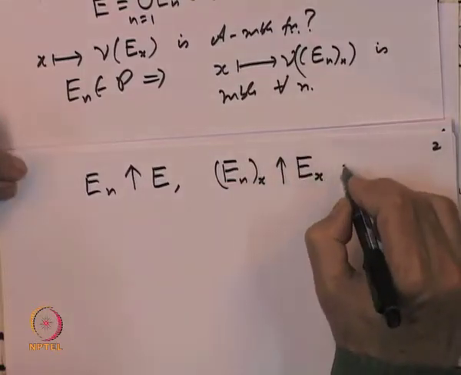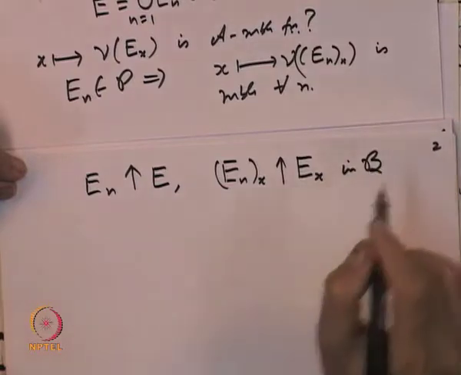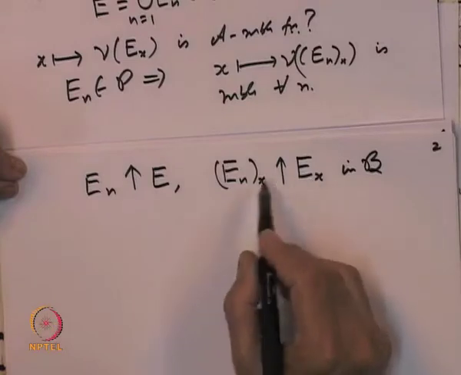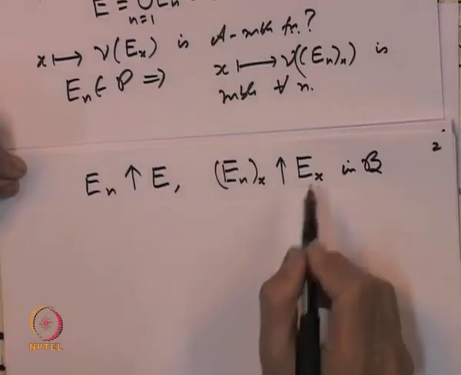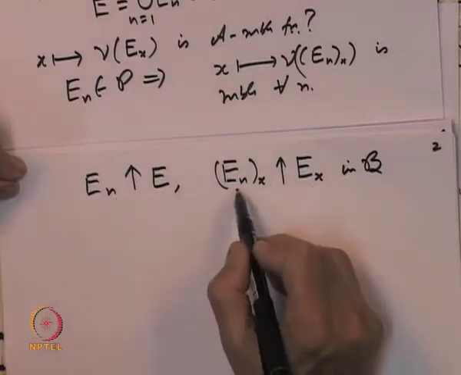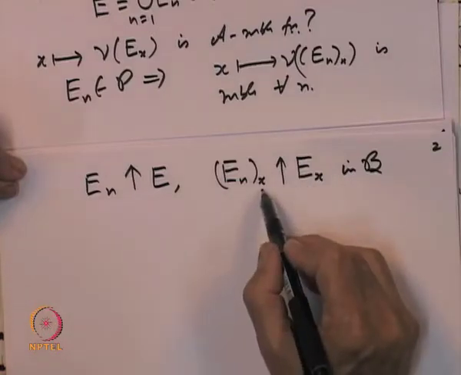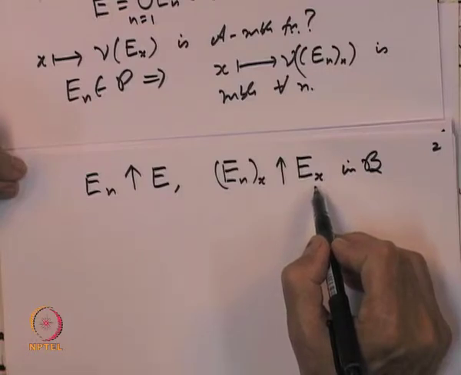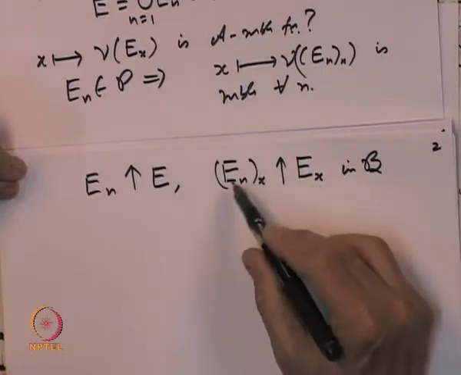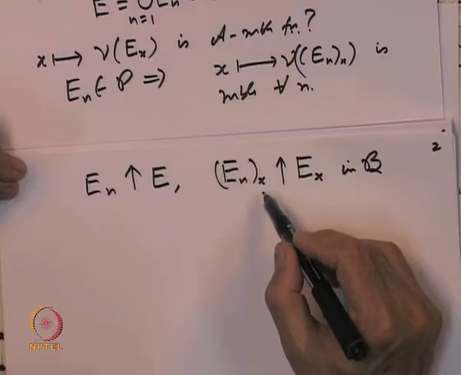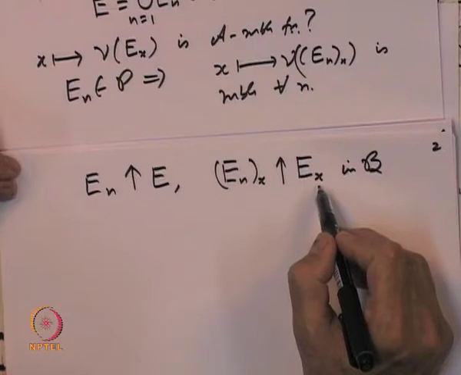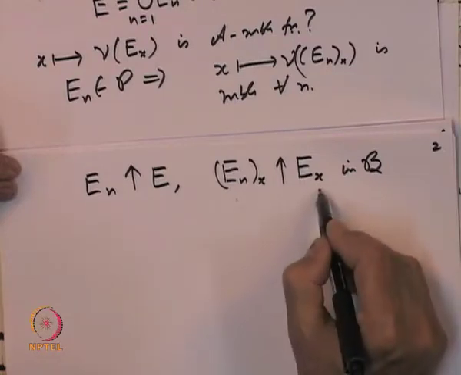So, this is a sequence of sets in the sigma algebra B. We have already seen that if A is a subset of B, then the section of A is a subset of the section of B. So, that will prove that the sections are increasing, and they increase to the union of the sections. So, the union of E n at x is the same as the section of the union of the E n, and hence this is increasing to E x. So, this is a simple observation using the properties of the sections.